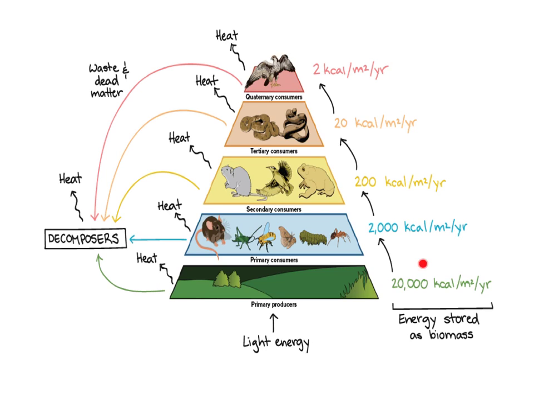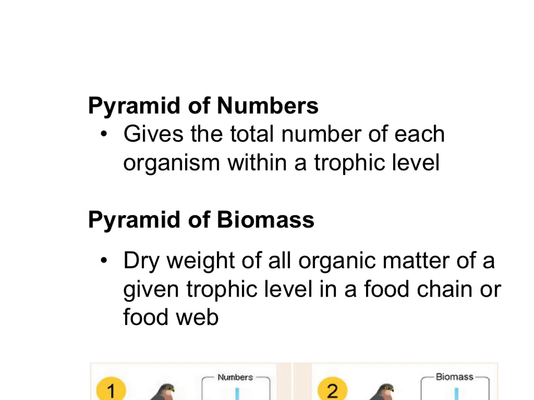And this is showing, right, the 10% rule, going from one trophic level to the next, right? And I like this diagram a lot because it's showing pretty much everything, and I really like that they've included the decomposers over here, and the fact that everything is going to eventually die and decay and decompose. So this is a really great diagram.